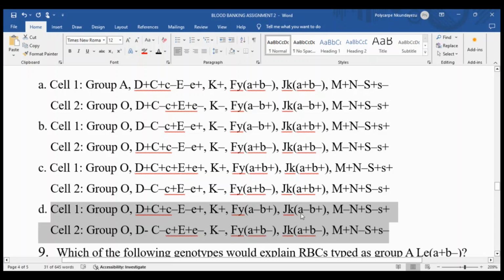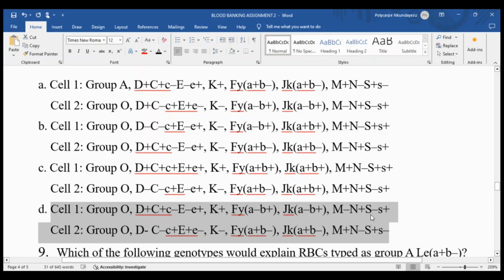Then we go to Kidd, which also shows dosage, of course. Jkb is present in homozygous form on cell 1, and Jka is present in homozygous form in cell 2 in this pair.